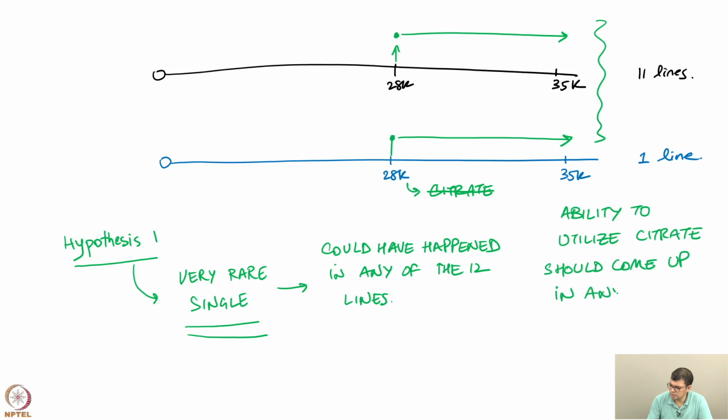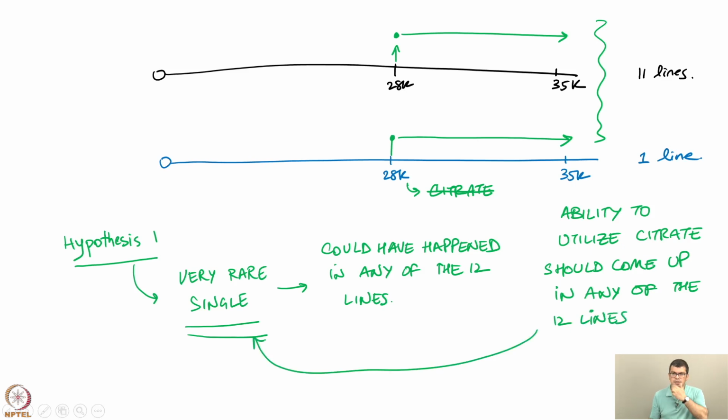in any one of the 12 lines, does not need to be one, in any of the 12 lines, should hypothesis 1 be correct, because that rare mutation can happen anywhere in any line, in any individual, in any of these flasks.